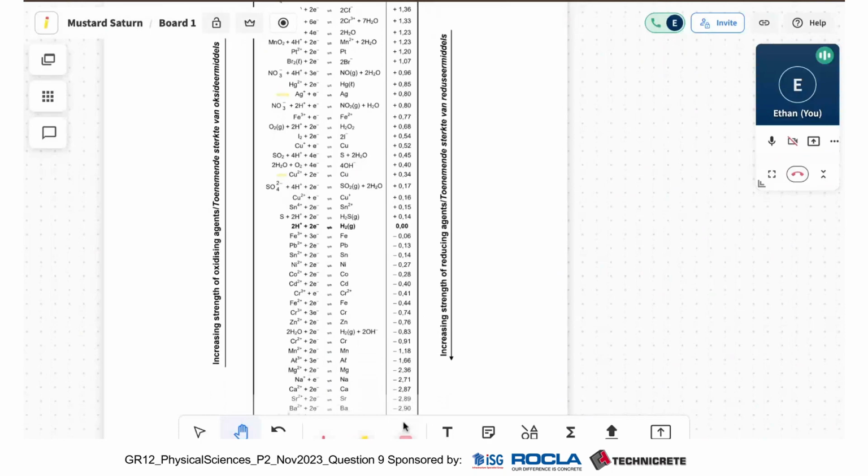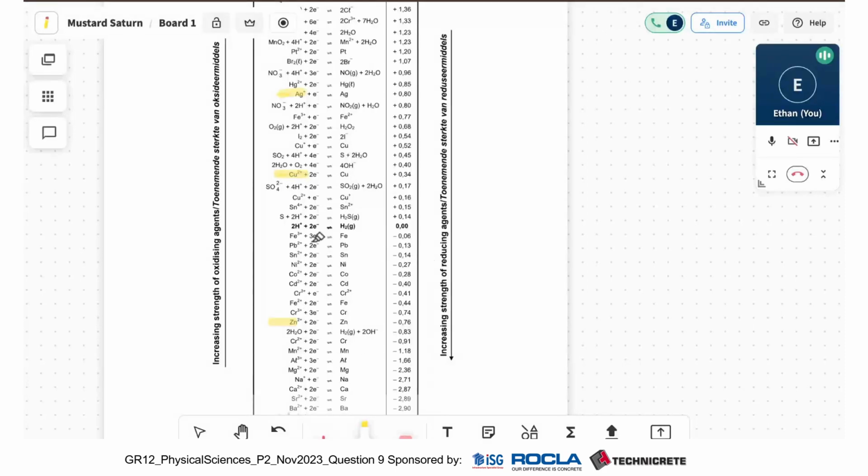Zinc is way down here. So there's zinc, copper 2, silver 1. Unfortunately, the way the reaction is set up, because silver has a higher reduction potential than copper and zinc, silver won't be oxidized in the reaction. Only copper and zinc will.